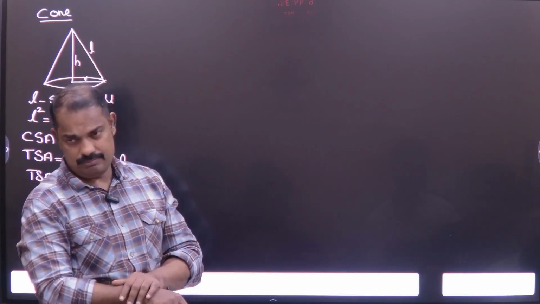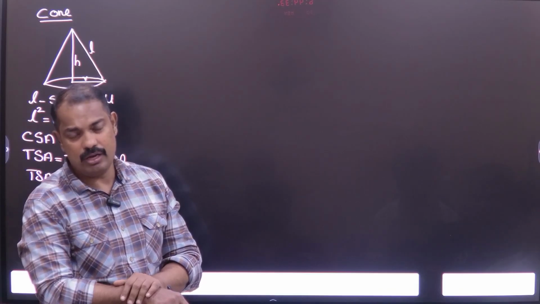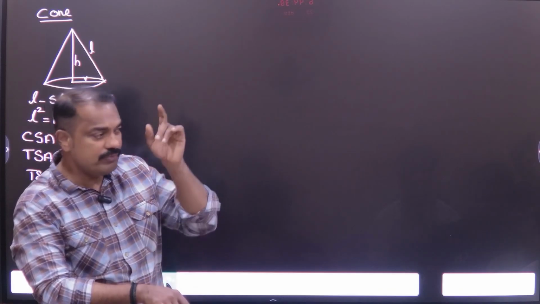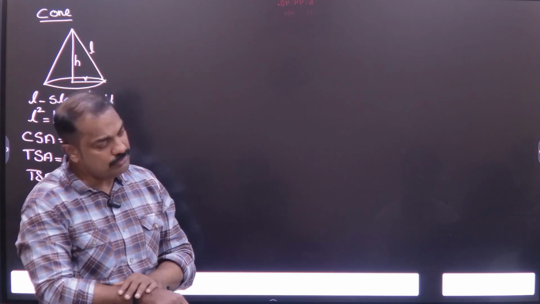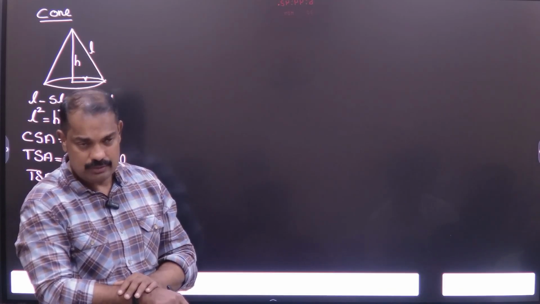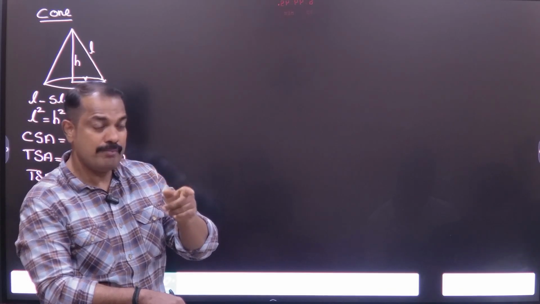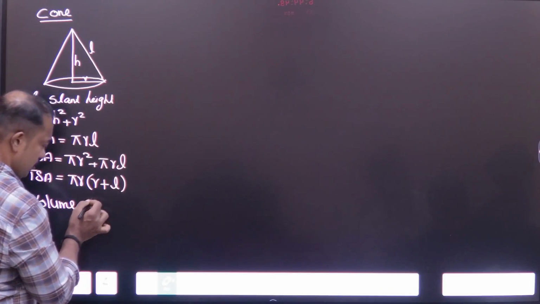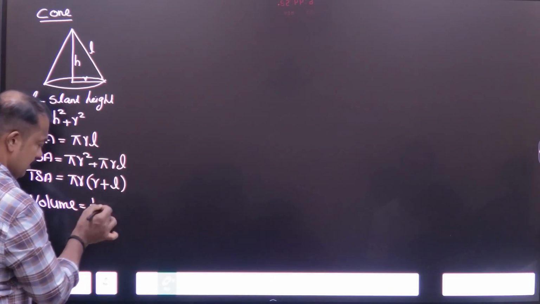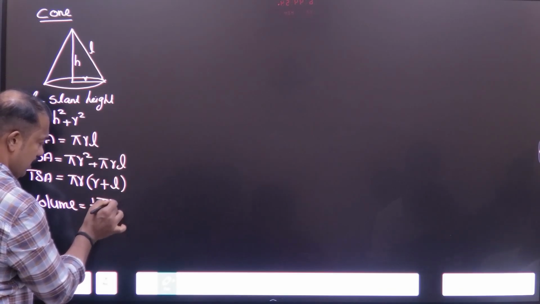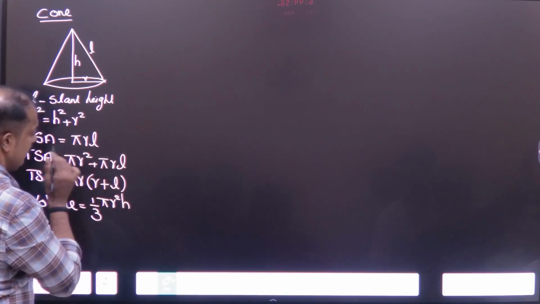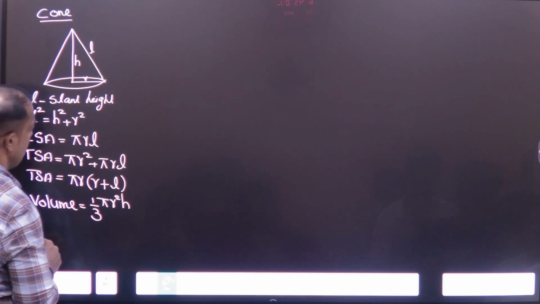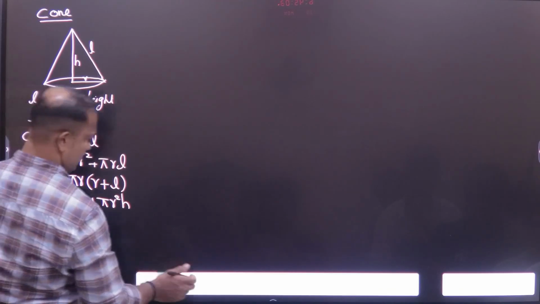So what is the formula for the volume of the cone? 1/3 of the volume of the cylinder. The volume of the cylinder is pi r squared h, so the volume of the cone is 1/3 pi r squared h. Clear?